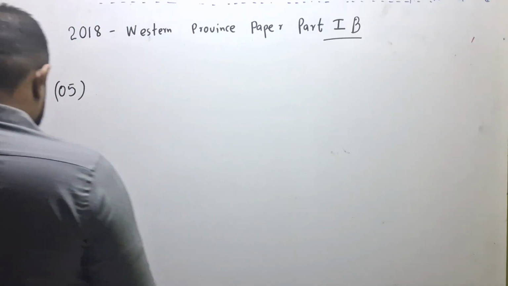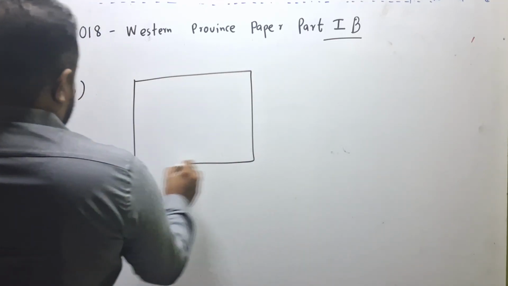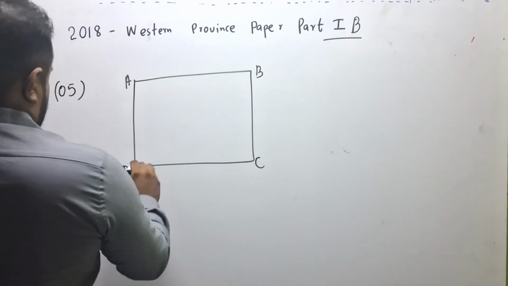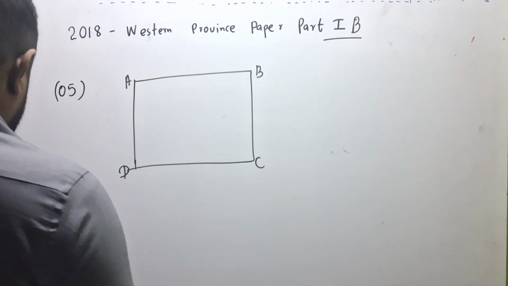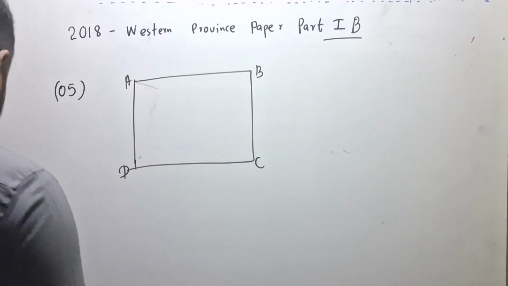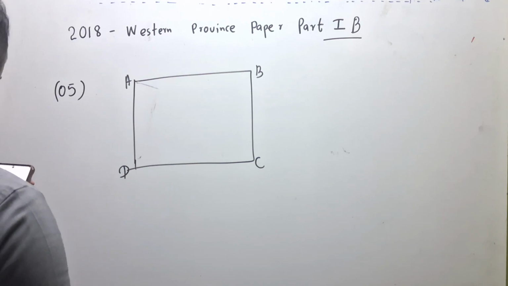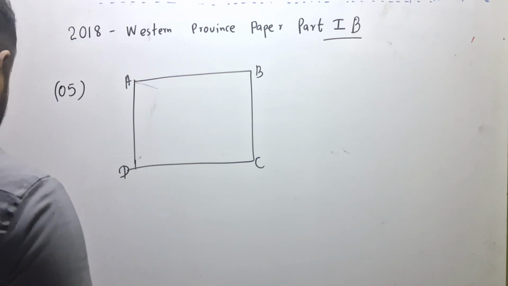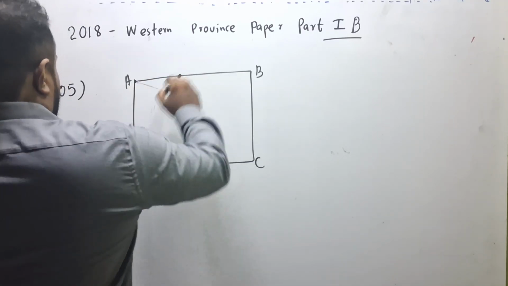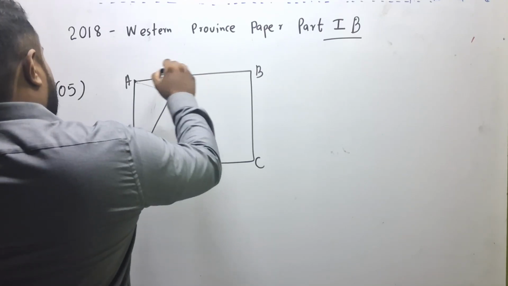Without removing that part, I can draw ABCD like this. What are they telling us to do? Remove a triangular portion ADF, where F is situated on the line AB.